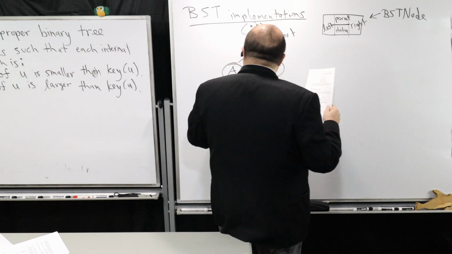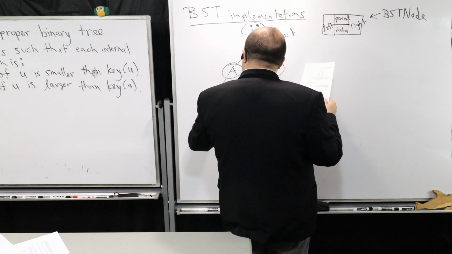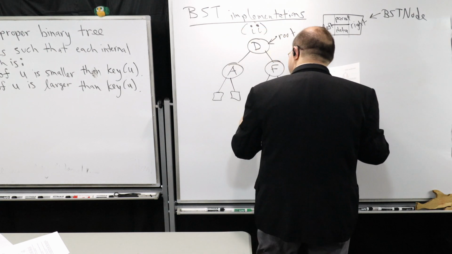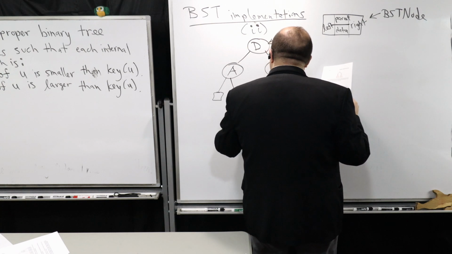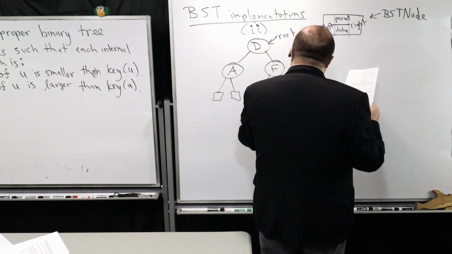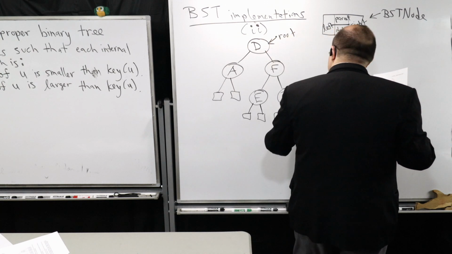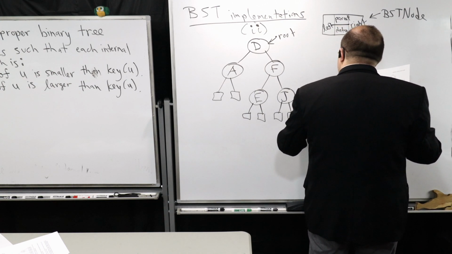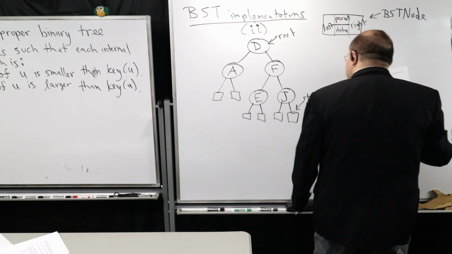They're not going to contain any data. They're not going to store records. They are a node just like this, but they store no record. So their data attribute will be null.